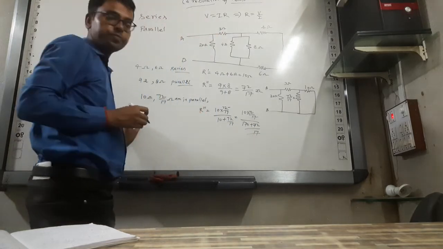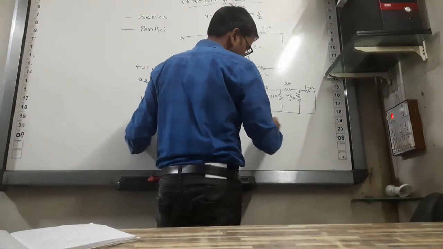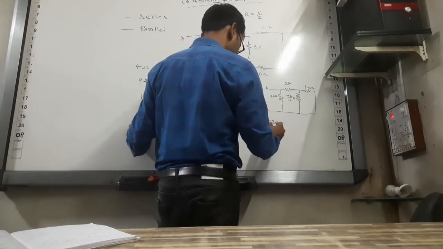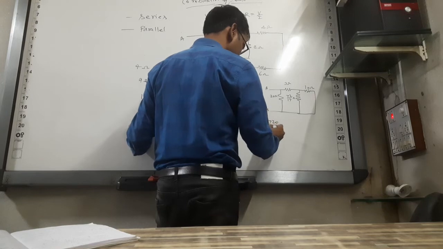The 17 cancels. This becomes 720 divided by 242.